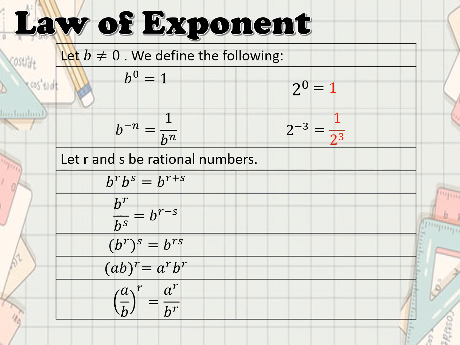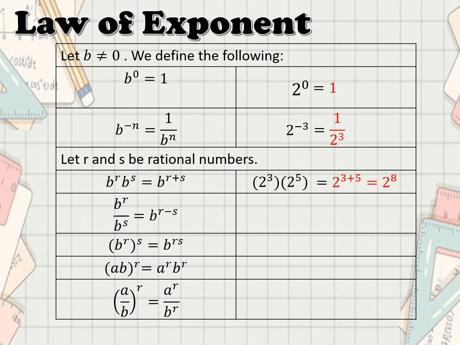Okay, next is the multiplication rule. When we multiply the same base, we add their exponents. For example, 2 raised to positive 3 times 2 raised to positive 5. We copy the base and add the exponents. 3 plus 5 is 8. So, it becomes 2 raised to positive 8.